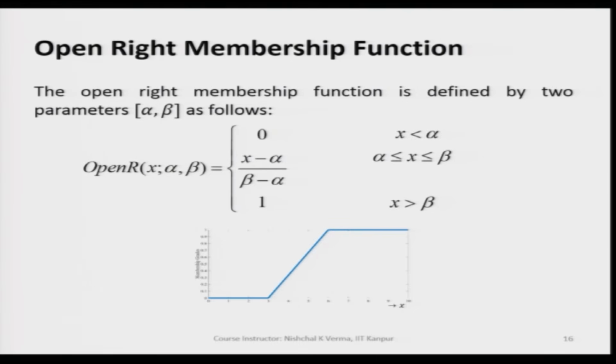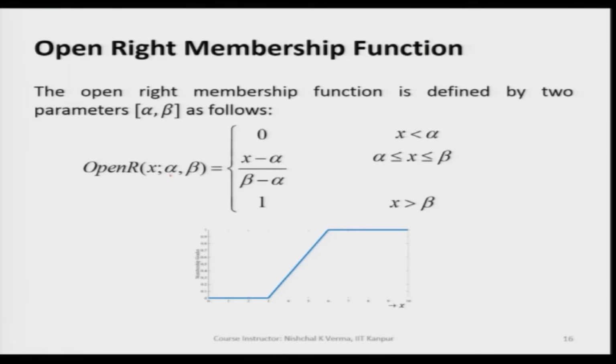So, then let us discuss the open right membership function. This kind of membership function is defined by openR x colon alpha beta.